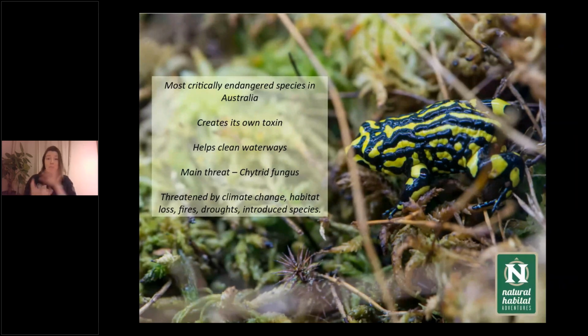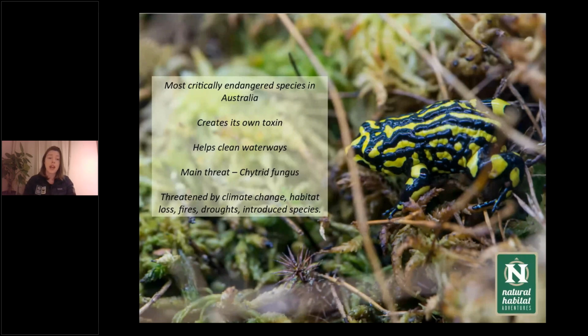So it means that it can be on a frog or an individual for a while and spread to others before it kills that individual. So it's able to spread, and we see it on every single continent except Antarctica. This is a huge threat to amphibian species all over the world, and it has reached our Australian Alpine region as well. So it is the main threat for our corroboree frog.